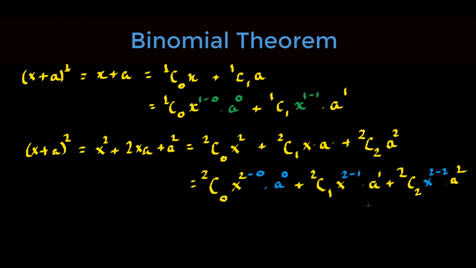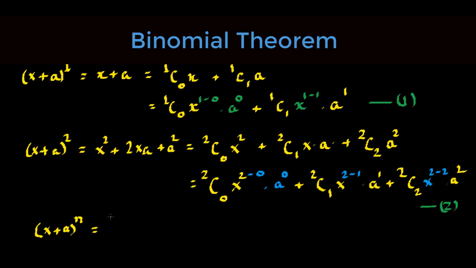So if I were to look at expression number 1, the expansion of 1, and expression 2, then we can write a general form of x plus a whole raised to the power some positive integer n.